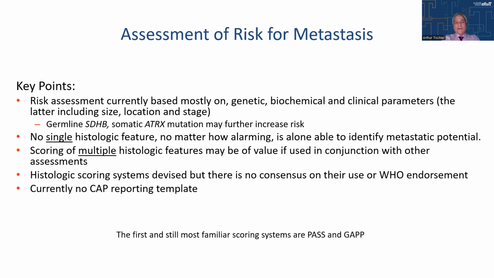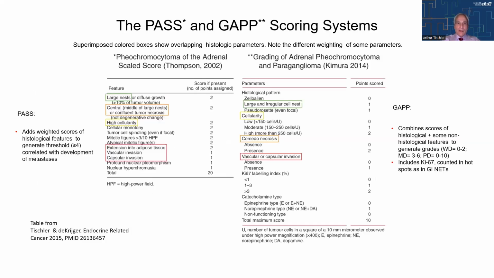The first and still most familiar scoring systems for pheochromocytoma are PASS and GAP. And as we know, there are some overlapping features between these two scoring systems. For example, large and irregular cell nests, confluent necrosis, high cellularity, and various types of invasion.